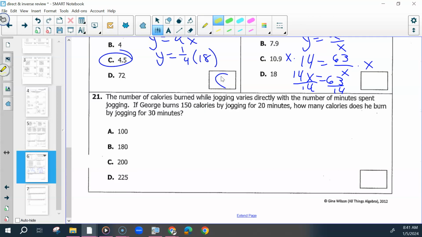Varies directly. Number of calories. Number of minutes.